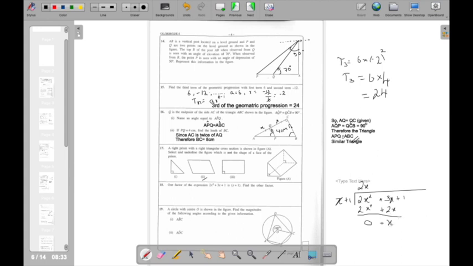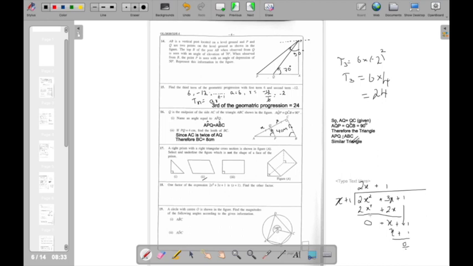Now you have x here, so you put 1, making 2x plus 1. x into 1 is x, and 1 into 1 is 1, so you take this here. So this will be 1 and this will be 0. The remainder will be 0.